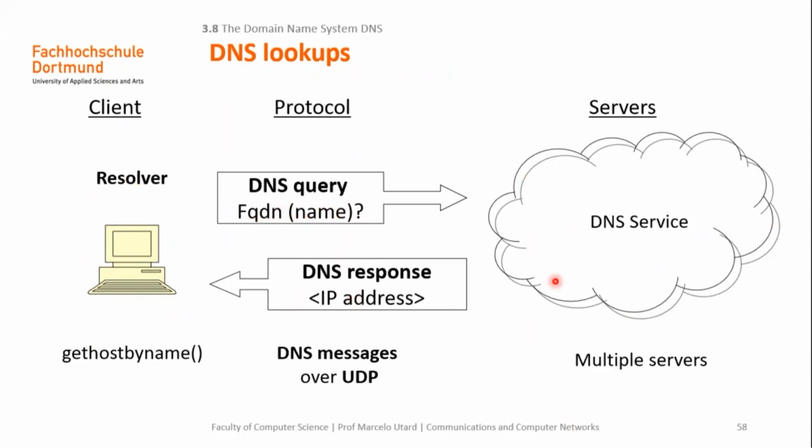The DNS service then takes this query and answers with the DNS response indicating which is the IP address associated with the FQDN that is specified in the query. In this cloud of the DNS service, there are multiple servers, not only one server.